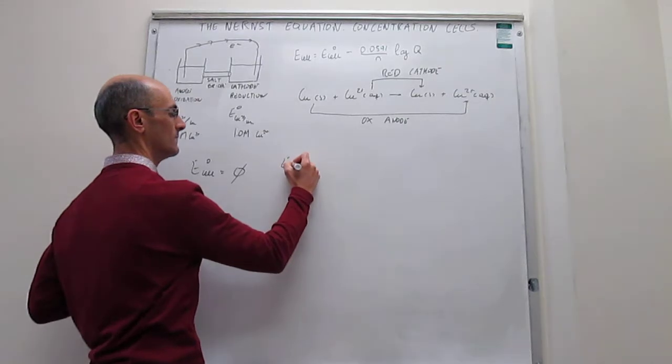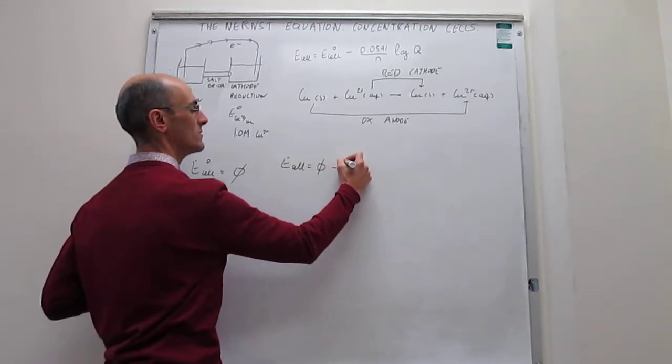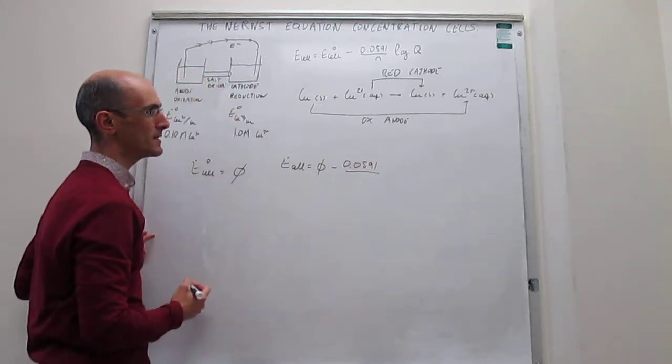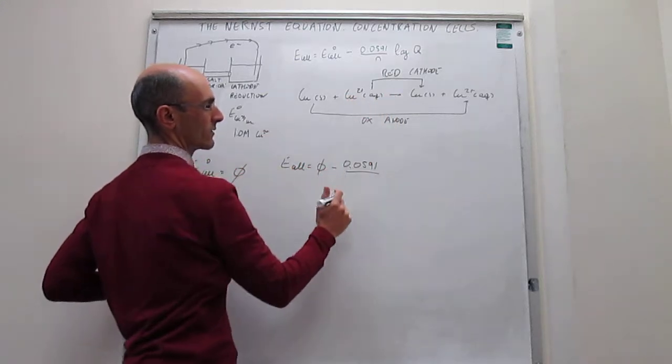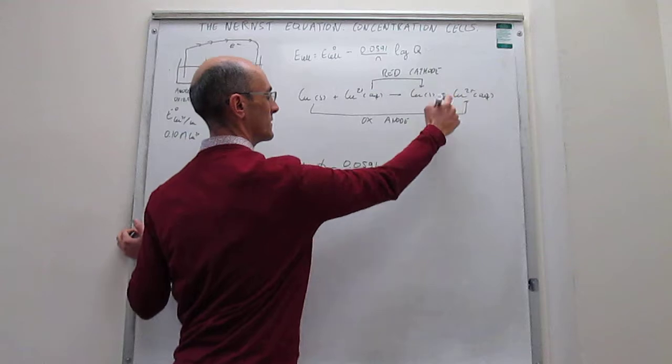So E cell is going to be equal to 0 minus 0.0591 over the number of electrons transferred. Notice that in this case you have 2 electrons transferring, from 2 plus to 0 and from 0 to 2 plus.